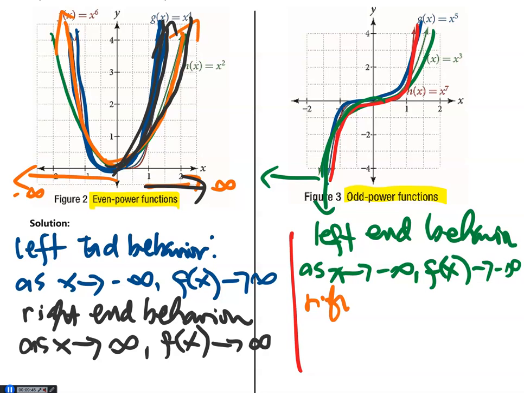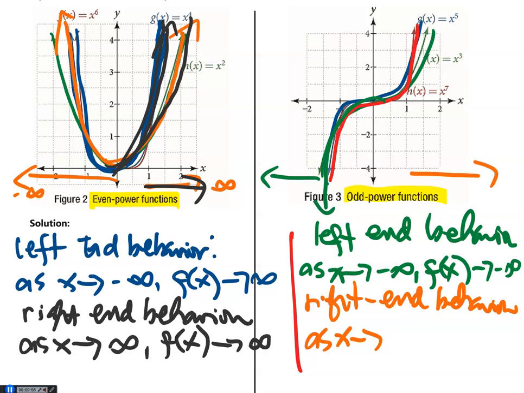But the right end behavior, as x approaches the right, which is positive infinity, f of x approaches, if you follow this graph, it goes up, so that is positive infinity. Okay, so take note of these power functions when they are even and when they are odd.